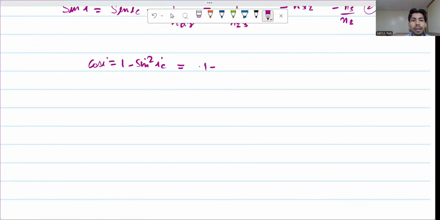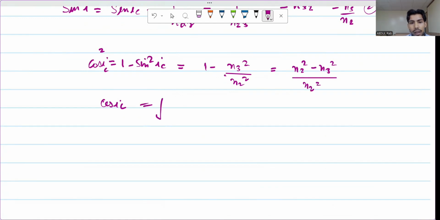That will become 1 minus N3 square divided by N2 square, that is cos square IC. That means cos IC equals root of N2 square minus N3 square, divided by N2.